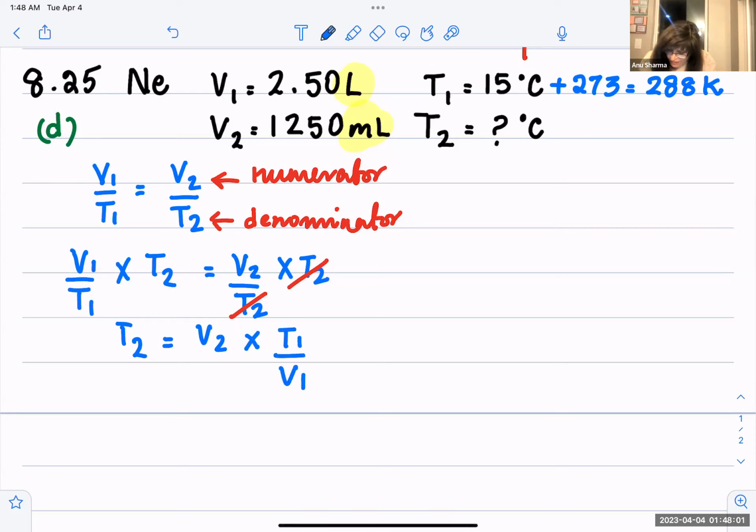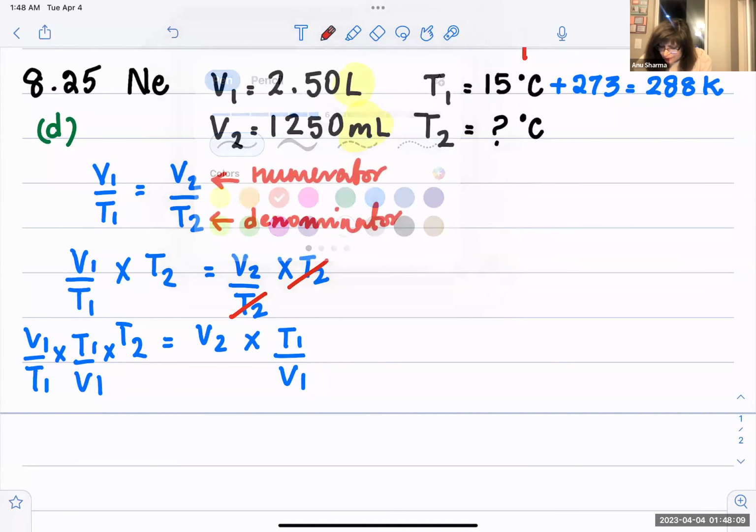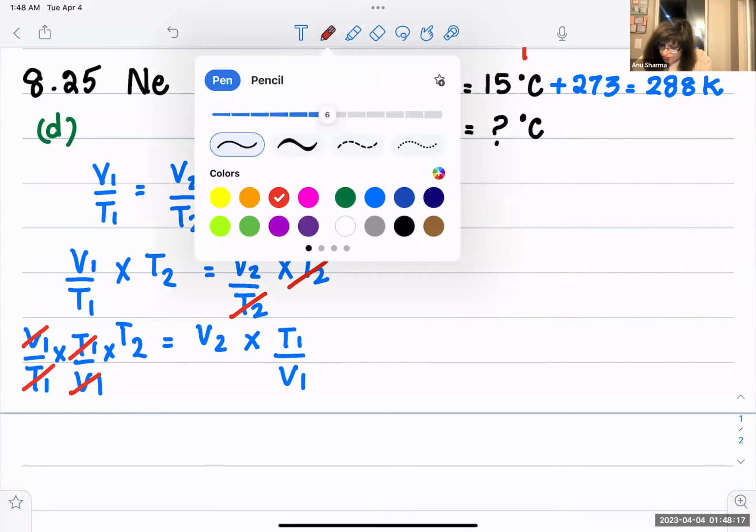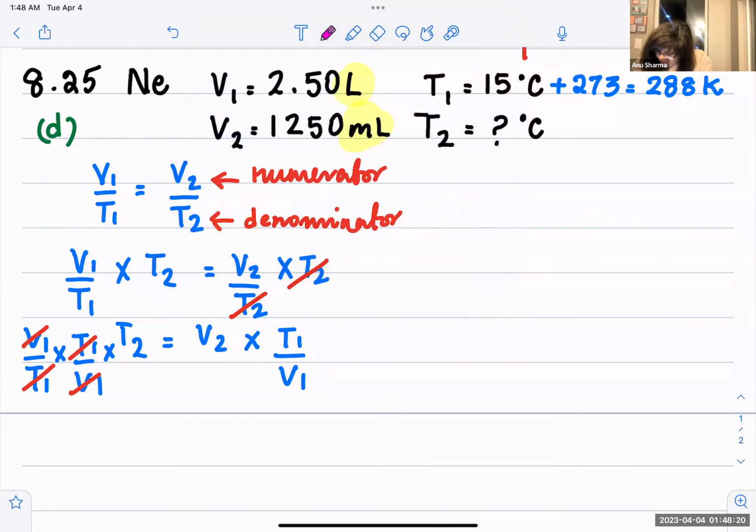And here we had V1 over T1 times T1 over V1 times T2. So what happens this way? V1 and T1 cancel out from one side, and we have it on the other side. So now your new formula becomes V2 times T1 over V1 is equal to T2.